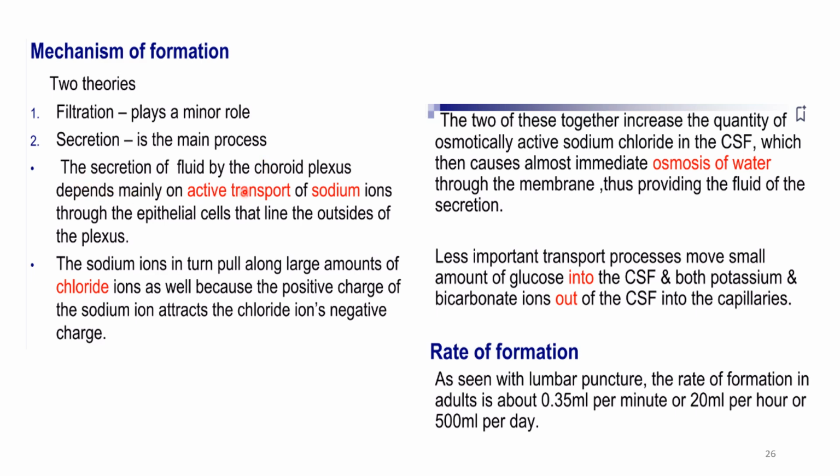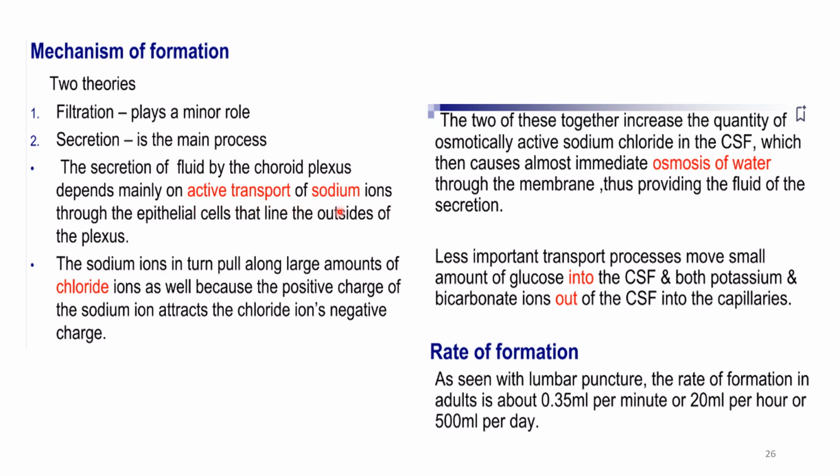The secretion of the fluid by the choroidal plexuses depends mainly on the active transport of the sodium ions through the epithelial cells that line the outsides of the plexus, that is through the ependymal cells. So through the ependymal cells, there should be active transport of sodium ions.